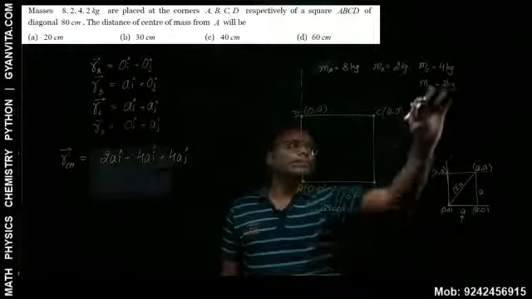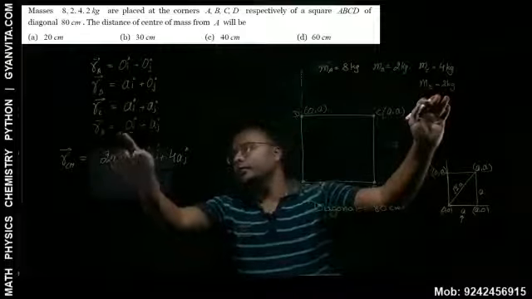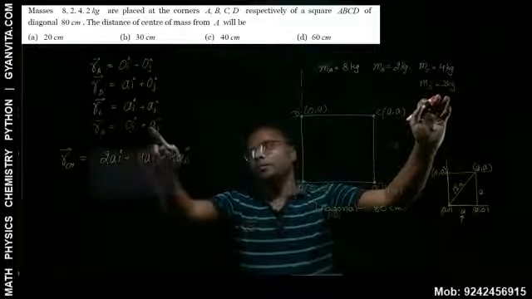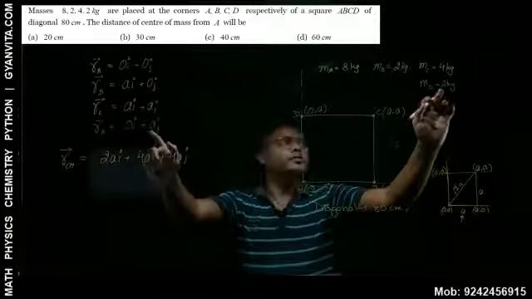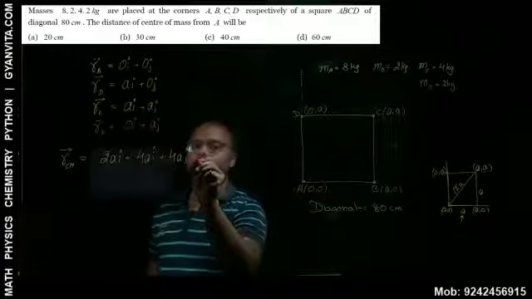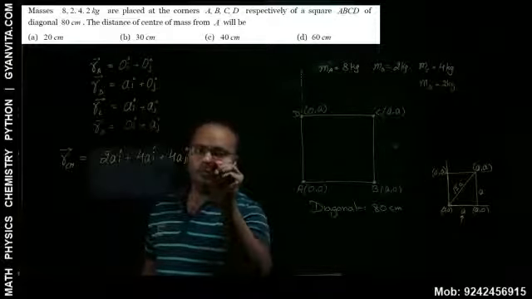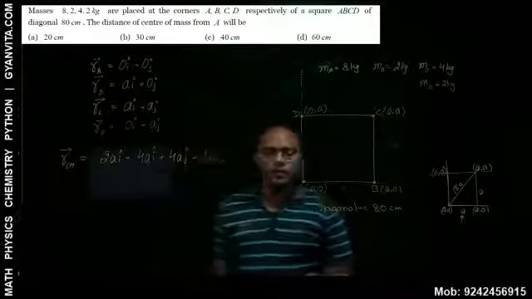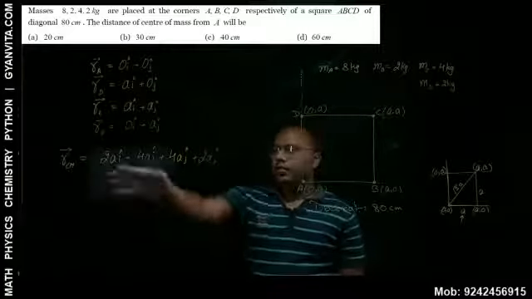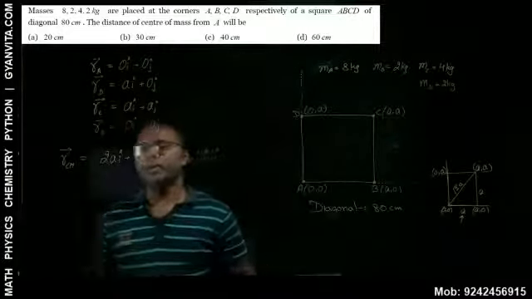Next, mass of D, that into 0 I cap plus A J cap. So that is 2A J cap. Right? I think this is clear. So this divided by total mass.